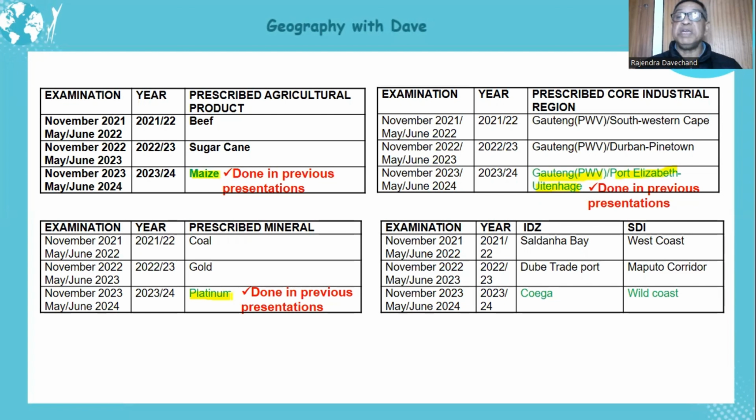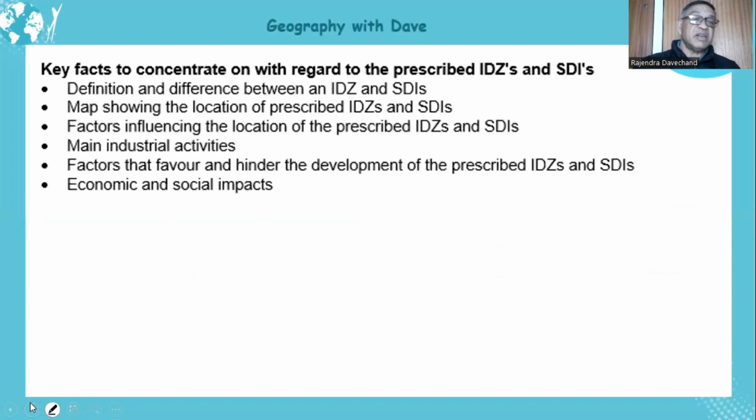What's left from the presentations is the Coega IDZ and the Wild Coast SDI. Our focus is going to be on those two sections, and that would complete everything. For the other ones, you can look at previous presentations and you will find them there. Okay, so let's start looking.